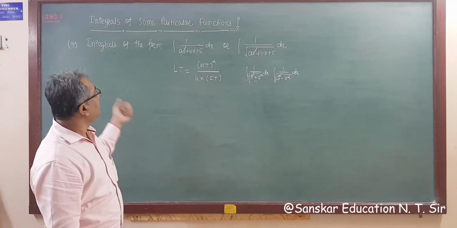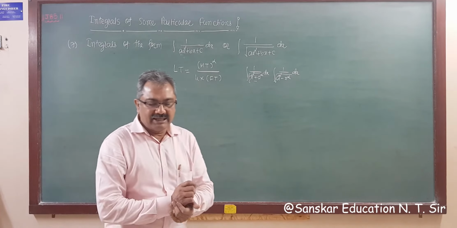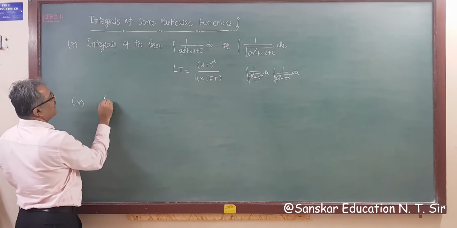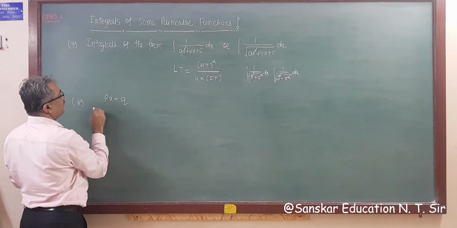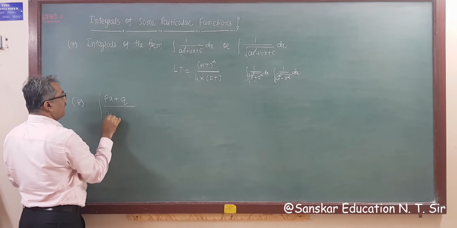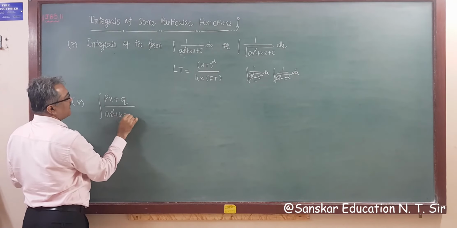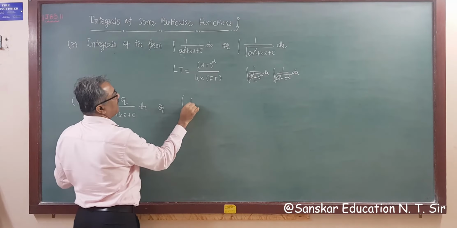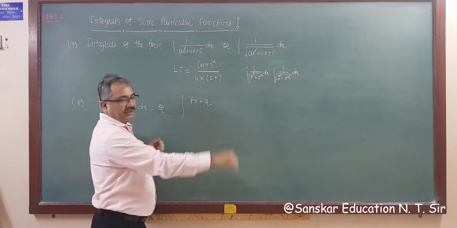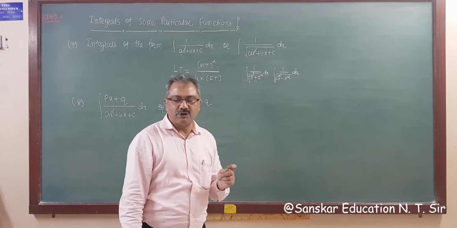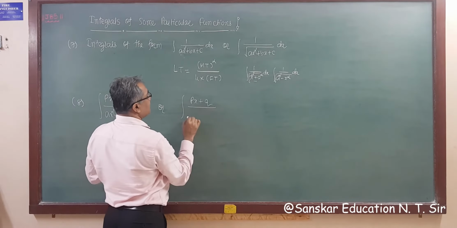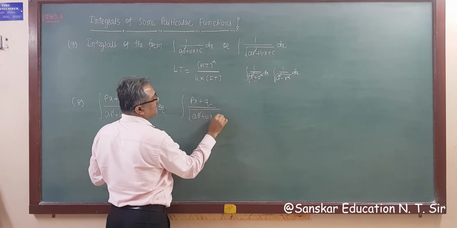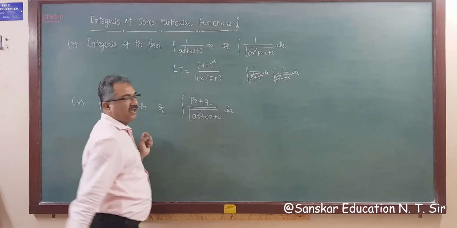Okay. Now you have another form just like this. The eighth form is the integration of px plus q upon ax square plus bx plus c dx, or it is given in square root, that is px plus q upon the square root of the quadratic equation ax square plus bx plus c dx, right?